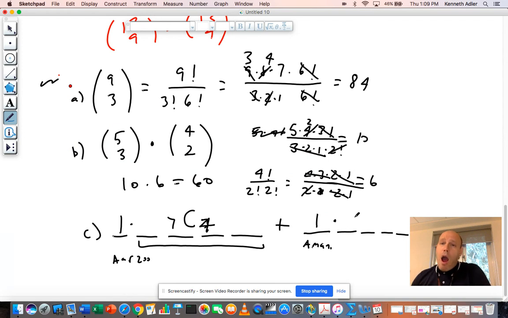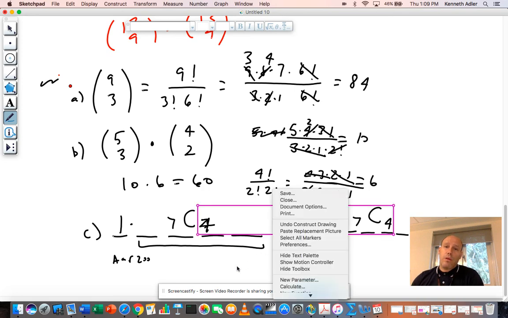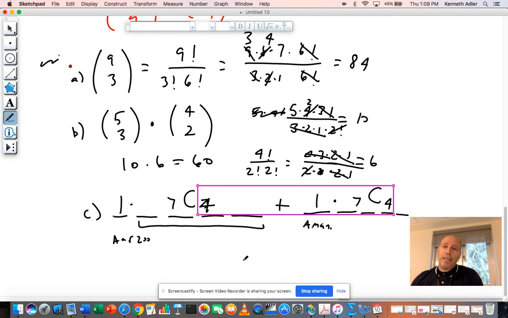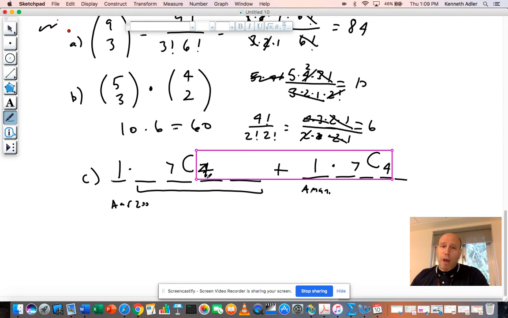Once again, I only have 7 to choose from, and I have to choose 4 of them. So that's the idea. There's 2 possibilities. Either I have Arzu, and then from 7 I choose 4, or I have 1 for Armani, and from the remaining 7, because Arzu's not part of this anymore, I can choose 4.